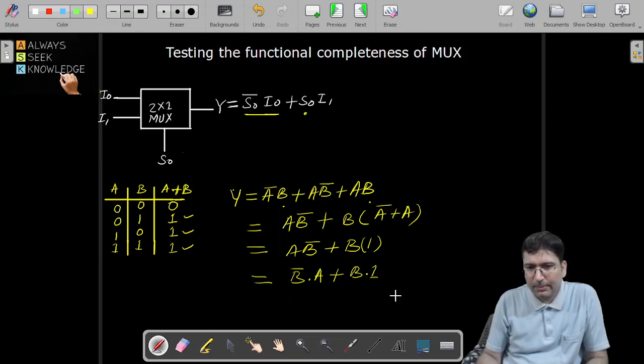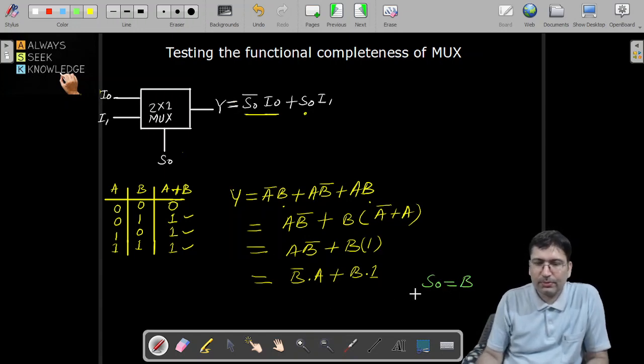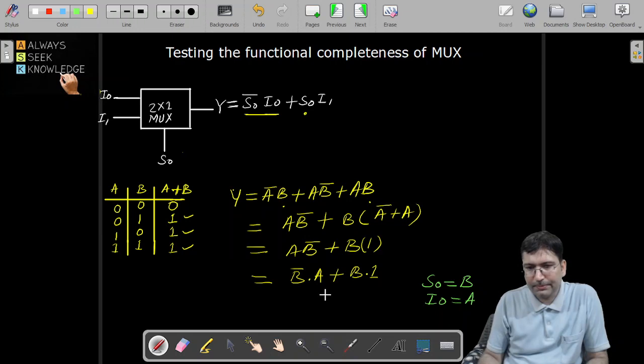Now if you compare, look very clearly. Instead of S0, I am passing B. So if you pass B instead of S0, it will become B bar here. And instead of I0, if you are passing A, this will give you B bar A, right? And because S0 is equal to B, now this is I1.